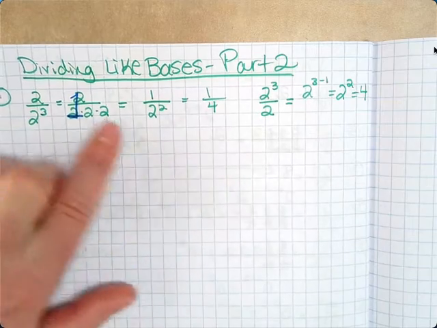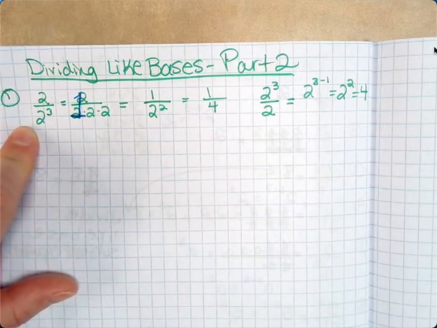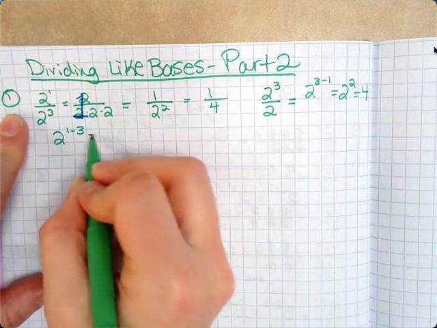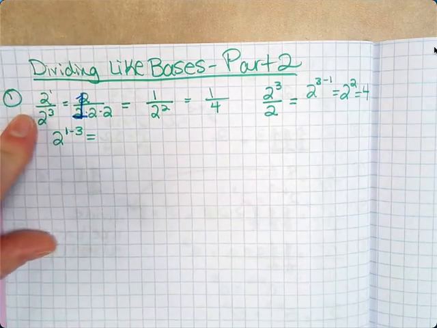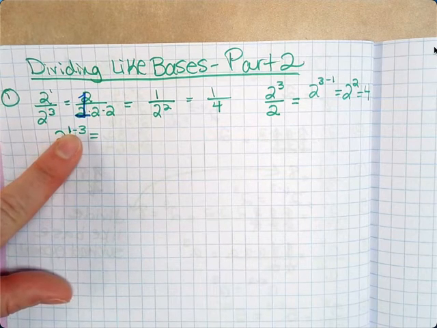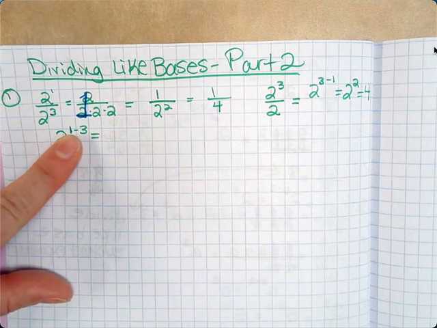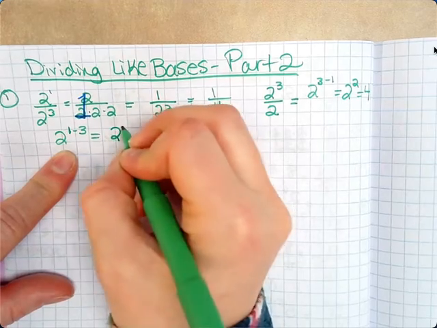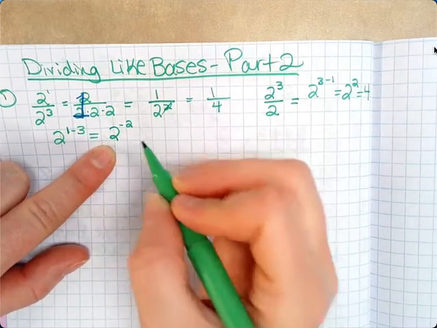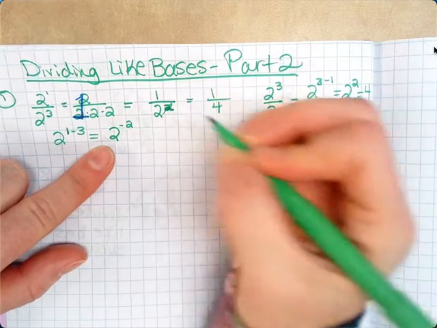So we could still do the same thing. This would be 2 to the 1 minus 3 because we still subtract them. But what is 1 minus 3? Negative 2. 2 to the negative 2. These need to be the same. Oops, I shouldn't have marked that out. I didn't mean to.